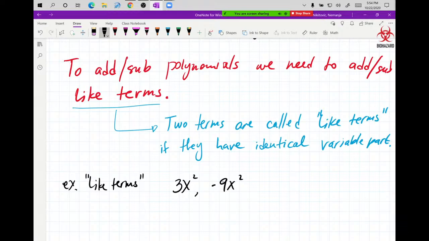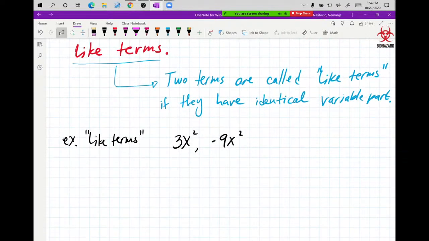So let's take a look at another example. Say you have 2xy and 10yx. This one tripped a lot of people, and they said no, it's not like. They are like, because x times y is the same thing as y times x. It's just the commutative rule. So these two terms are like because of the commutative property.